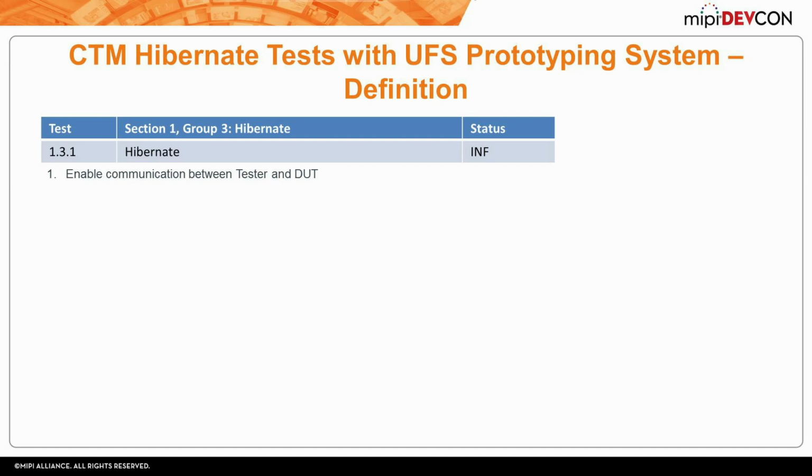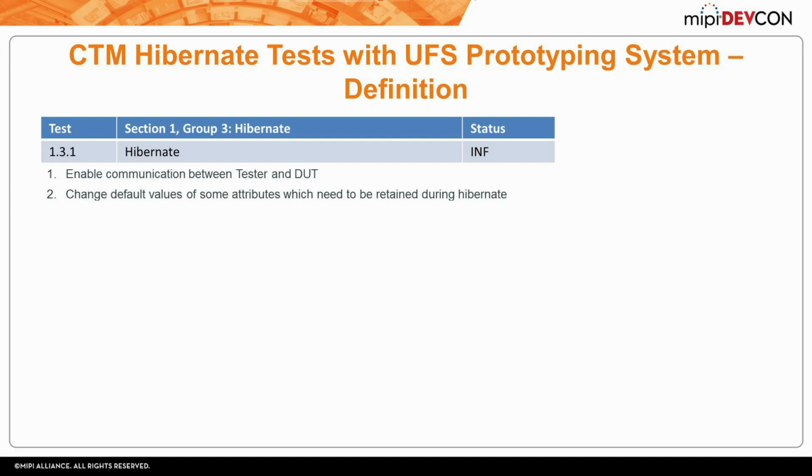Once you have done that, the second step is to change the default values of some attributes, because Hibernate is an ultra low power state from UniPro. And when you go into Hibernate and you come from Hibernate, you should still keep your configurations.